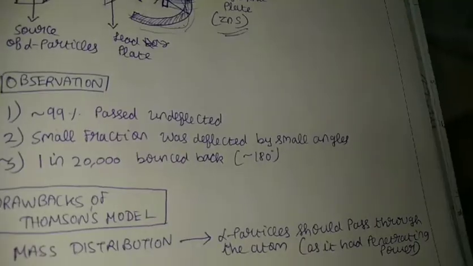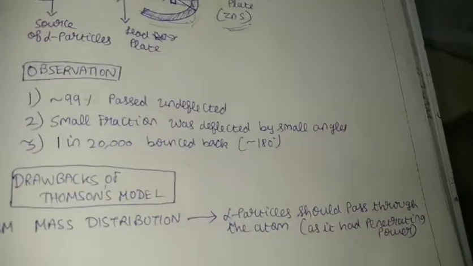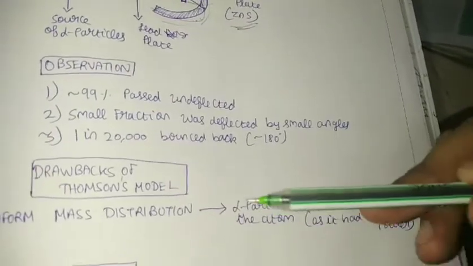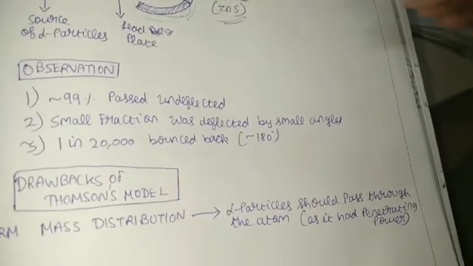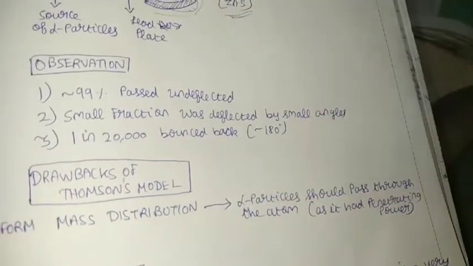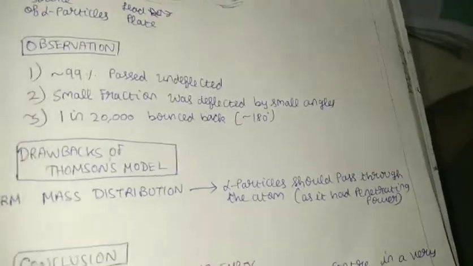But alpha particles, as these are also radioactive radiations, also have some penetrating power. So even if it is repelled by some positive charge in it, it can pass through the atom, which means most of the rays should have passed through the atom.